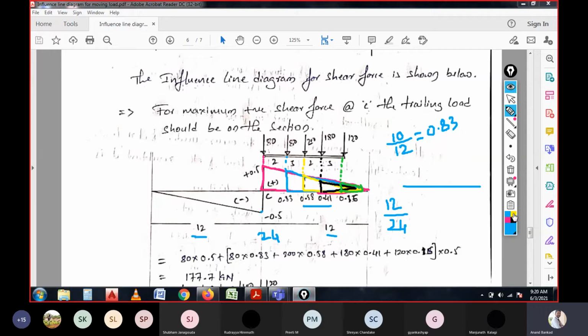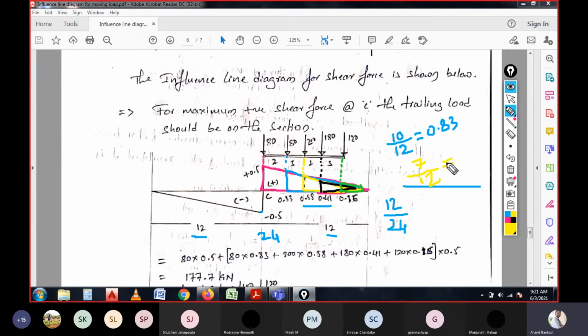And with the color code, I would like to write here for this triangle. For this triangle, what would be the value over here? For 3 and 2, total it is 10 meter, and here it remains 2 meter. 2 plus 2, 4 plus 3, 7. That is for 7 meter, we need to consider the section for the total span of 12 meter.